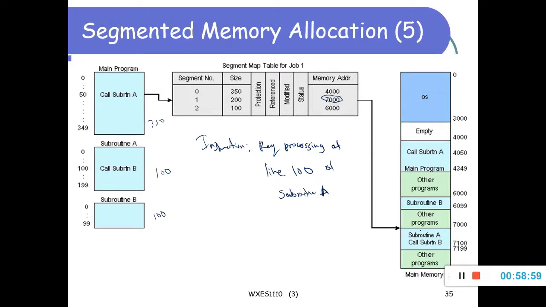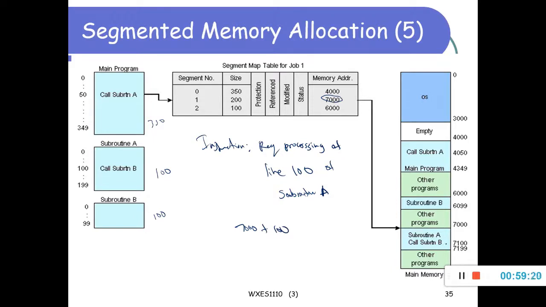So you have 7,000, and you have to add 100, so the call to subroutine A is located at 7100.